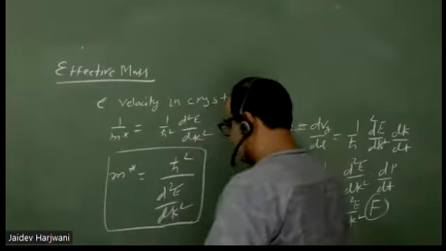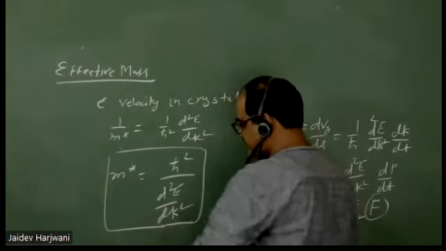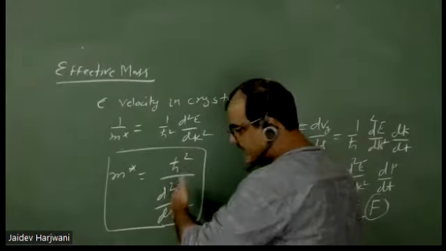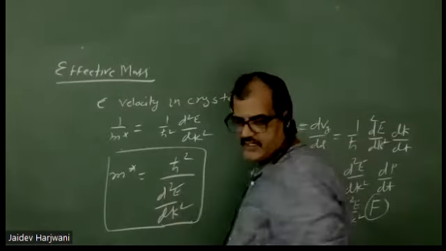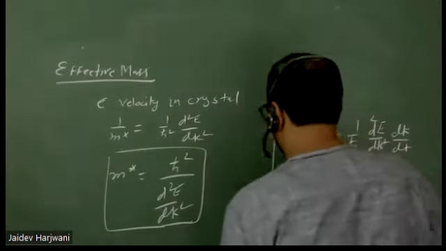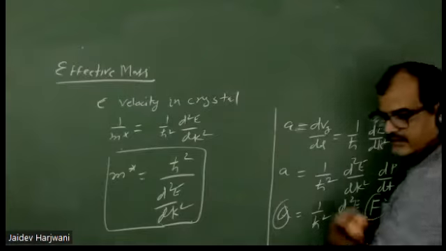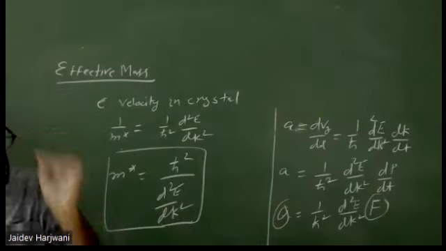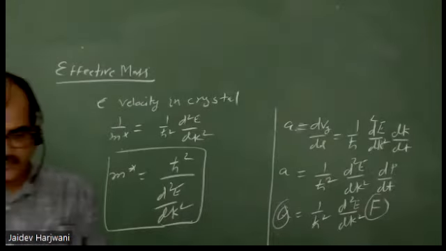So that shows your mass depends on the shape structure of your energy band, how your energy band E varies with K. So let me draw some curve. Should I rub this? Yes, sir.